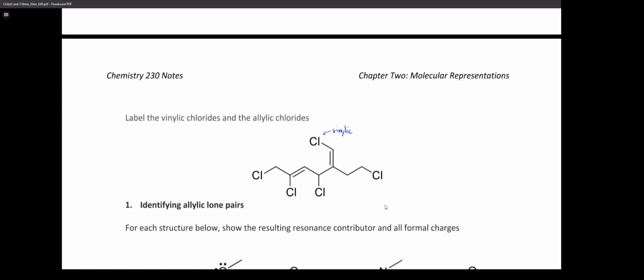How many other vinylic chlorines are there in this molecule? One more, and counting left to right, it is the second one. Sorry. Yeah, that's vinylic as well.